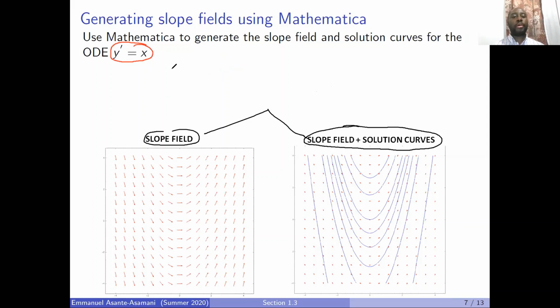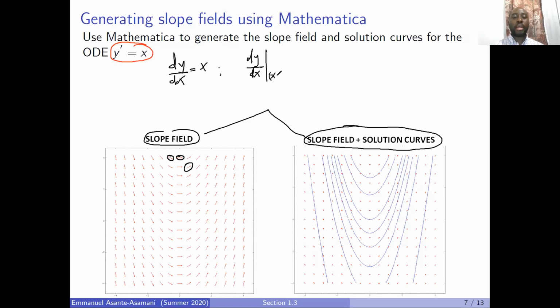So this is my differential equation, dy dx, and this is equal to x. This is supposed to be the slope of each of these lines. Okay, so really all I'm looking for is that at every point xi, my tangent line at xi, yi should have a slope of xi. All right. So how do I construct, if I have a fixed point, let's assume that we have scaled back to 0 here.